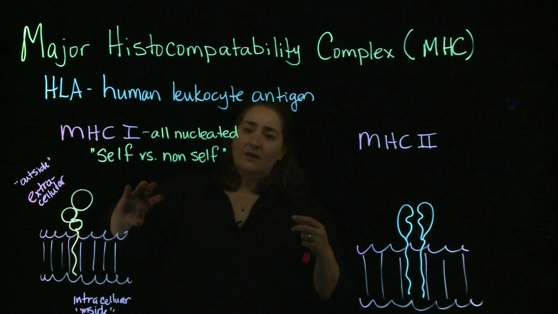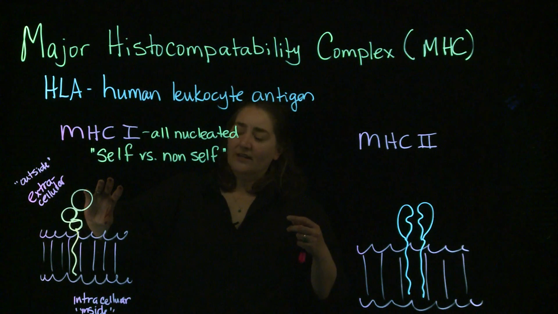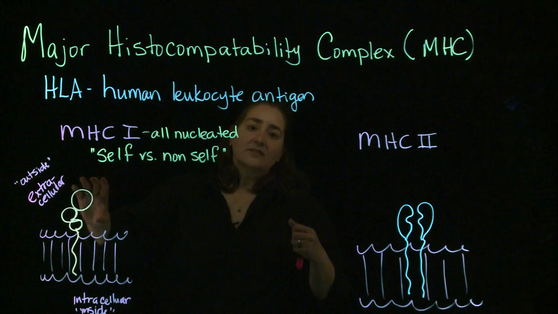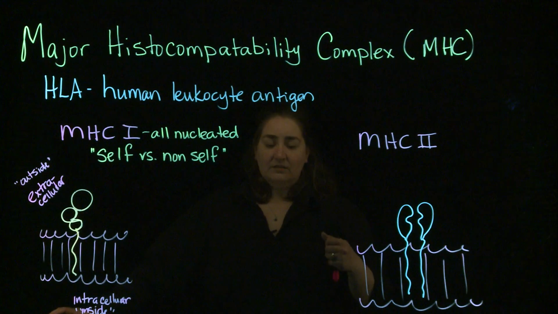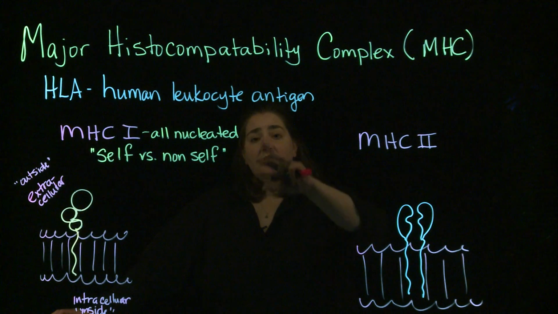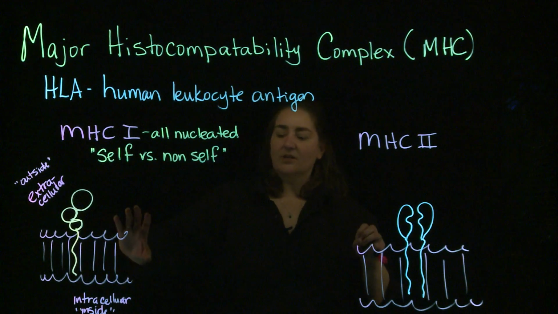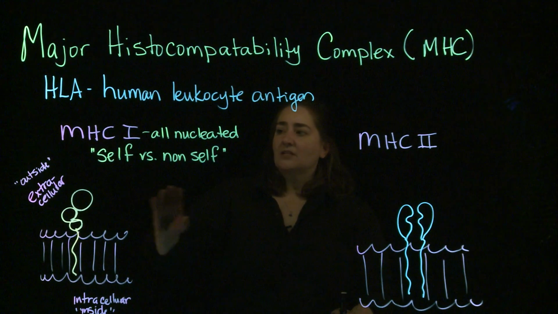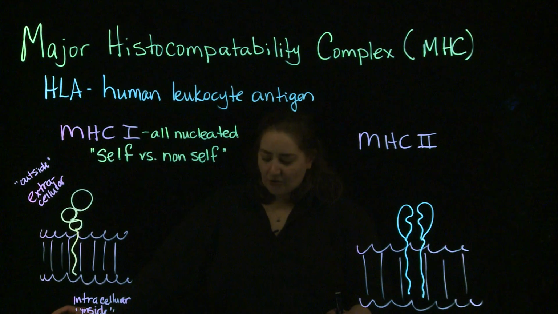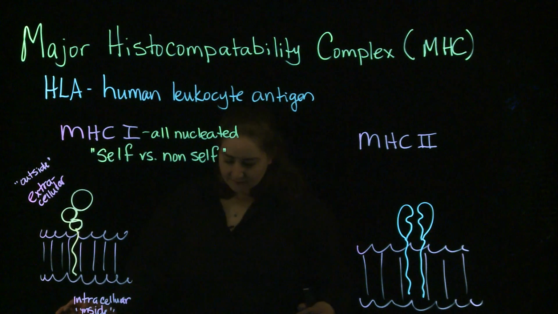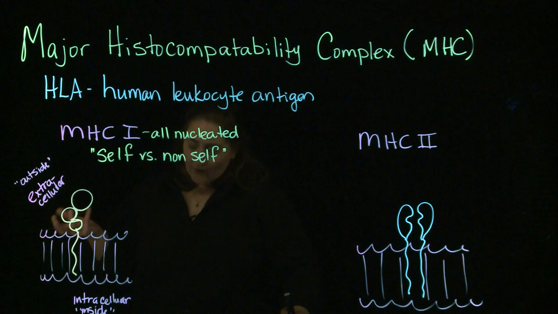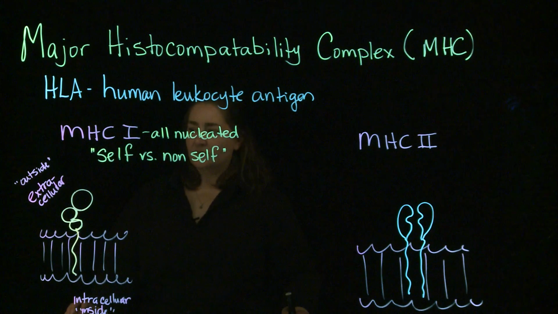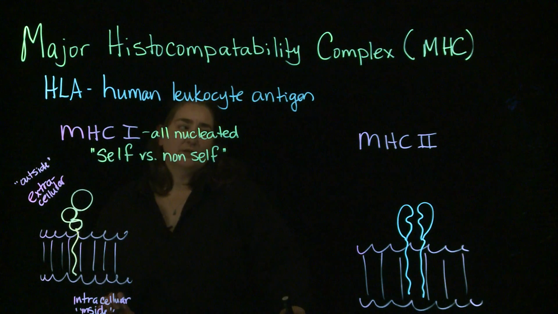If that immune cell comes along, encounters that MHC1, that's the signal that that cell belongs. So that immune cell is going to wander off. It's not going to do anything to the cells of your body. That's why MHC1 is on the outside of all nucleated cells. It's the way that the body recognizes self versus non-self. So that's MHC1.